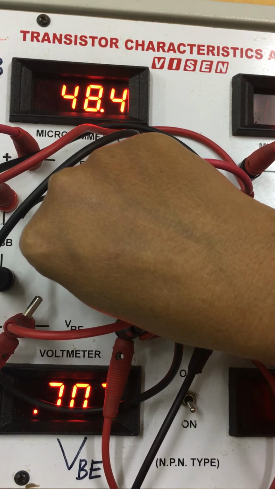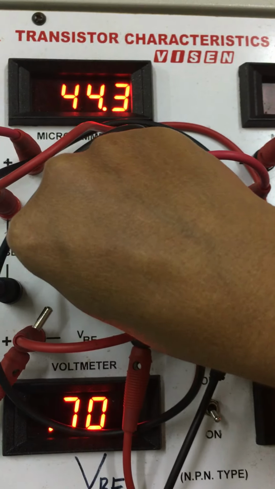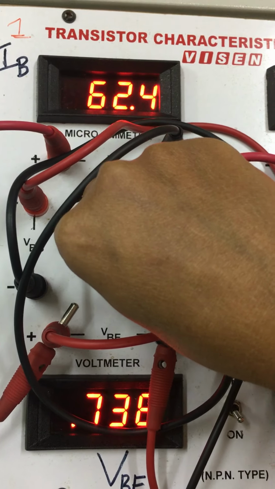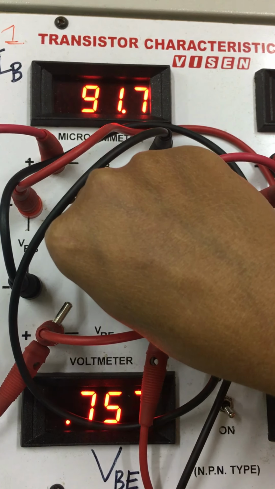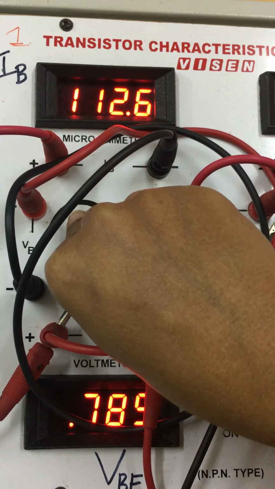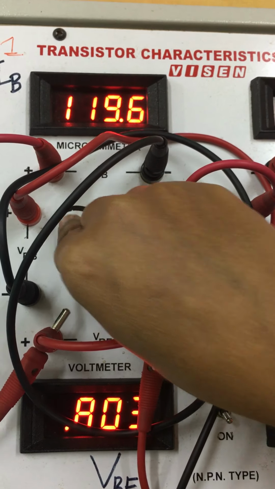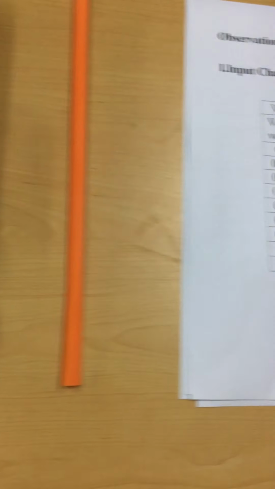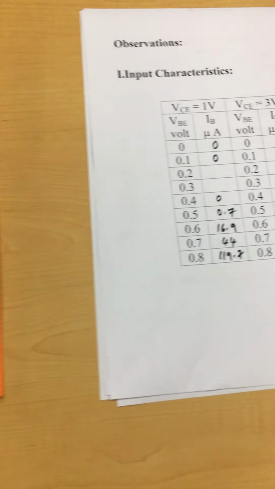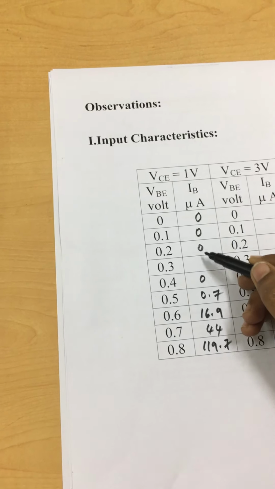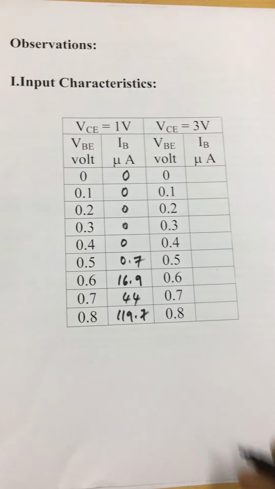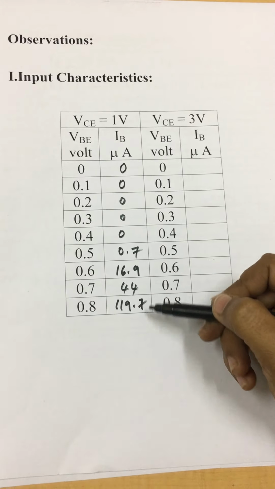So 0.7 is almost 44. Then now my last reading, 0.8. So almost 119.7. So you can observe here, initially when it is 0.1, 0.2, 0.3, 0.4, it is 0 only, and later it increases.